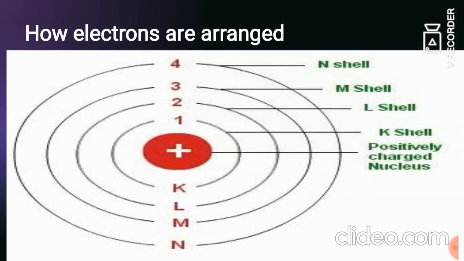And there are different shells present in the atom, and they are named K shell, L, M, N, etc. The first shell is said to be K shell, second is L, third is M shell, fourth is N shell, and so on. So this is how the name is given for each shell.